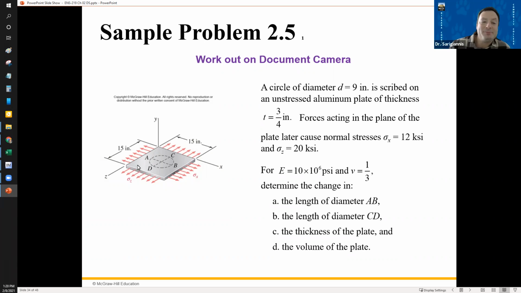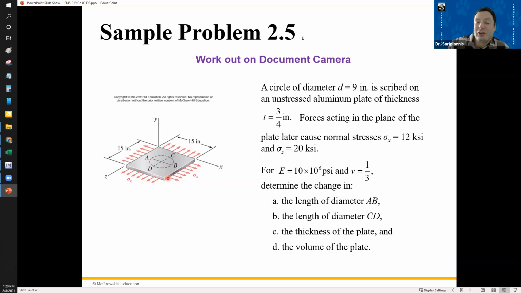Notice these are not the same. X and z are different magnitudes, 12 and 20, and then it tells you the modulus of the material and the Poisson's ratio.